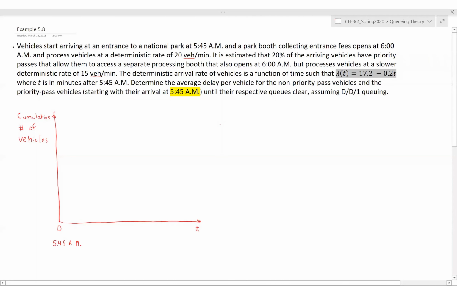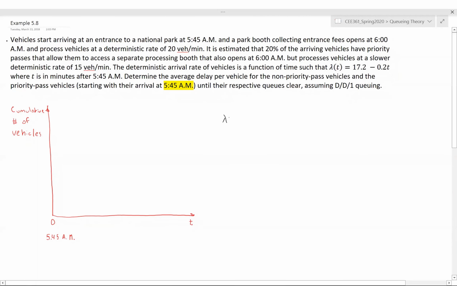I will define the lambda, the arrival rate for non-priority pass vehicles. That will be essentially 0.8, so 80% of the people that arrive. So 0.8 lambda will give me the arrival rate for non-priority pass vehicles. If you multiply this 0.8 by this, you will get 13.76 minus 0.16t.